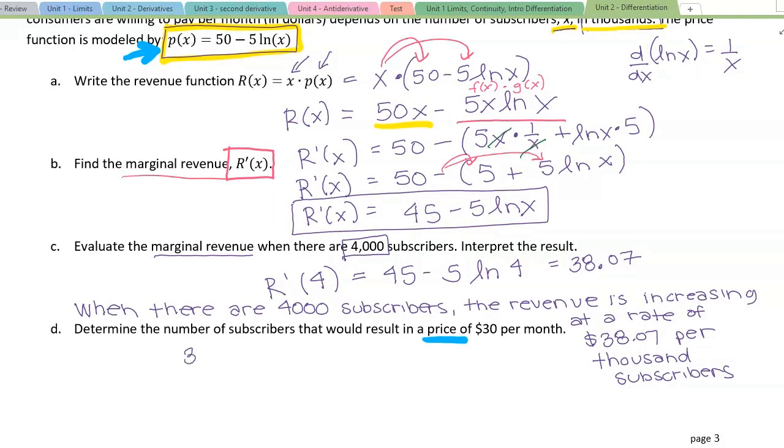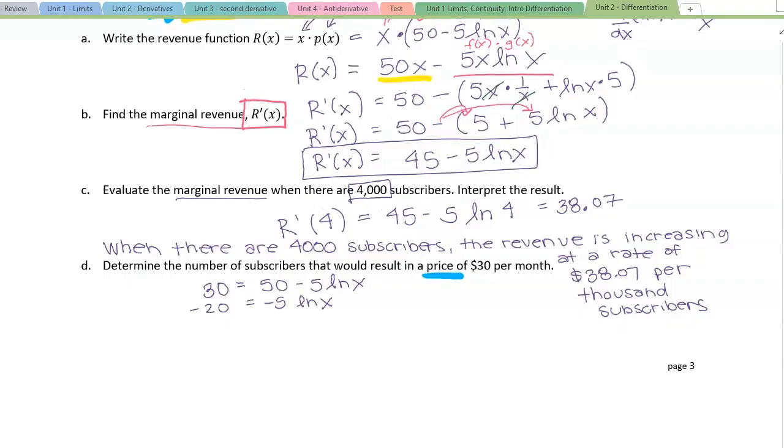Well, 30 equals 50 minus 5 natural log of X. I'm going to subtract 50 from each side. I get negative 20 equals negative 5 natural log X. Then I will divide both sides by negative 5.